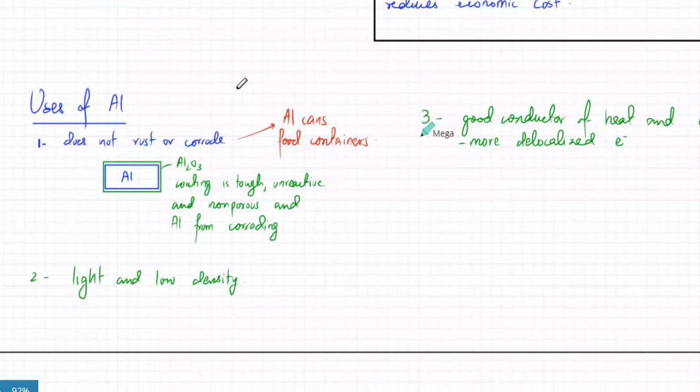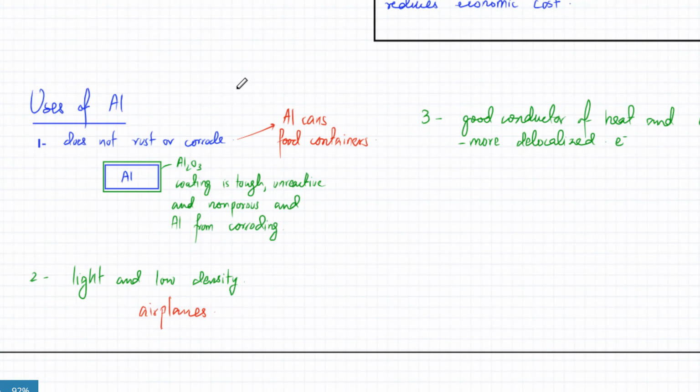It's light and low density, so planes are made out of it. Most airplanes are made out of aluminium, and also it does not rust, so you don't see airplanes rusting away.